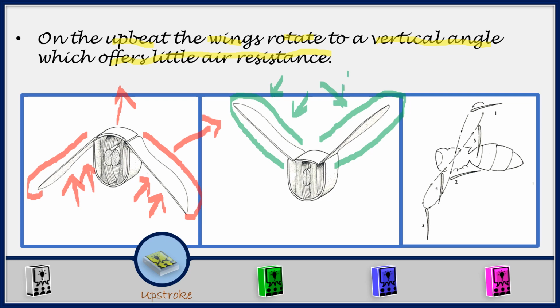And when they offer a lot of resistance to air which is coming up, then this air is going to push the insect to go downwards. So now there will not be any movement.